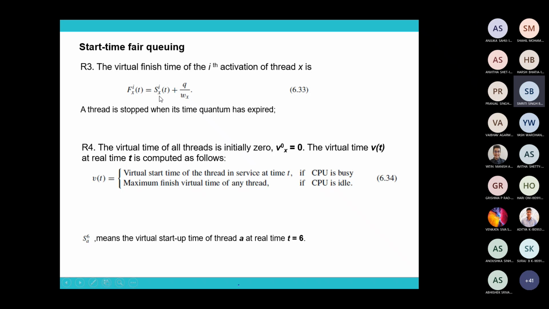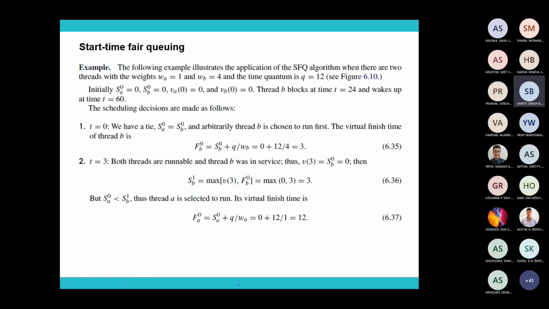Here the start time is the start time of the particular thread, Q is the total quantum given, and Wx is the weight of that thread. So finish time is nothing but start time plus Q by Wx, where Q is the total time quantum.